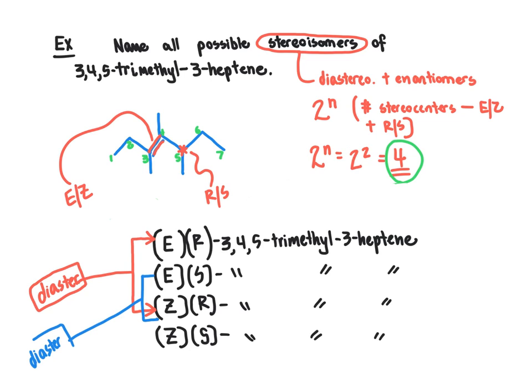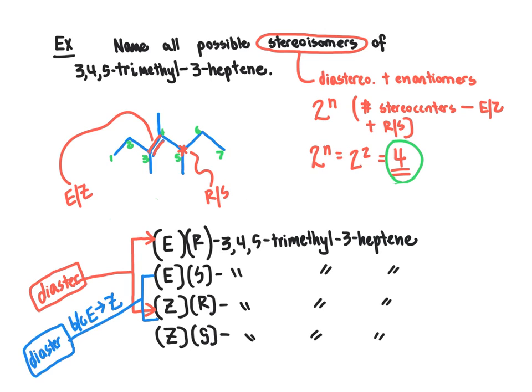They are diastereomers because any time that E changes to Z or vice versa, the two will always be diastereomers. If you see that E has changed to Z or vice versa, automatically get rid of enantiomer as a possibility.